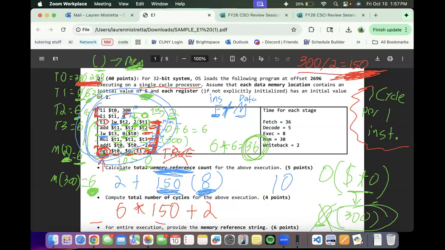The 8 memory reference counts within this loop are also looped 150 times. So that is the final answer for the first question: 2 plus 150 times 8, and the second question is 6 times 150 plus 2. Wait, for the first question, is it 10 or 2 plus 150 times 8? If I was only doing it once, it would have been 10, but because I have to take into account that I looped this 150 times, it's going to be this. And again, leave your answer like this.